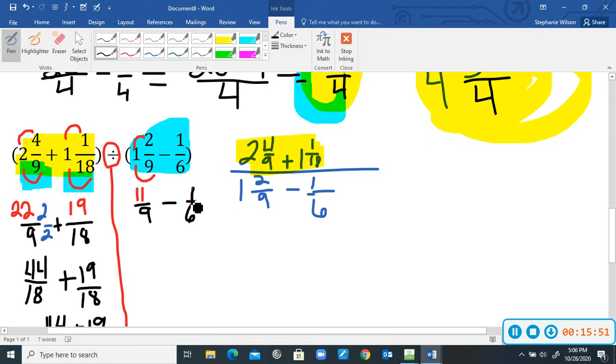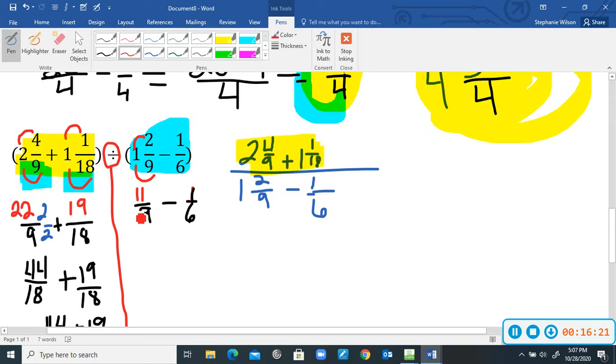So now we need to find the least common denominator, something that they both go into. Well, I know that 3 will go into 9, right? I know 9 will go into 3. But I also know that 9 goes into 18 and 6 goes into 18. So I saw that the values of 3 in both of these.